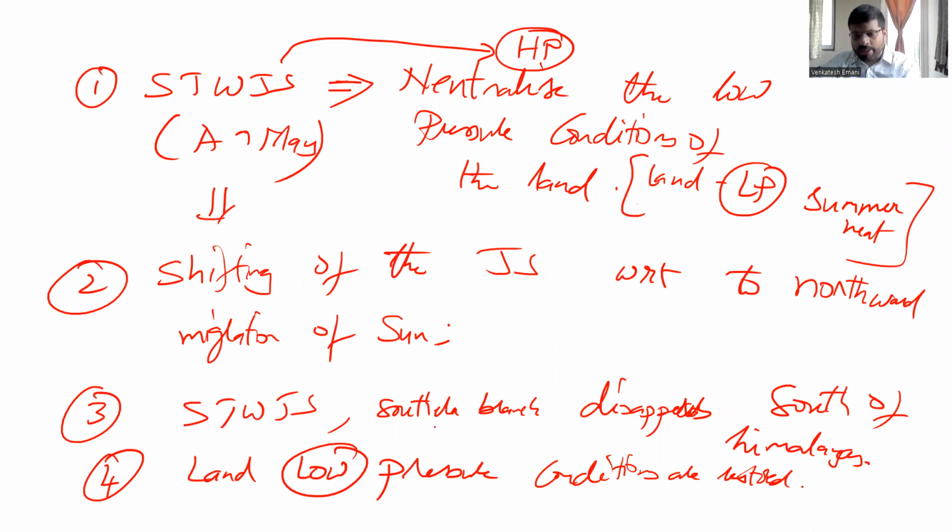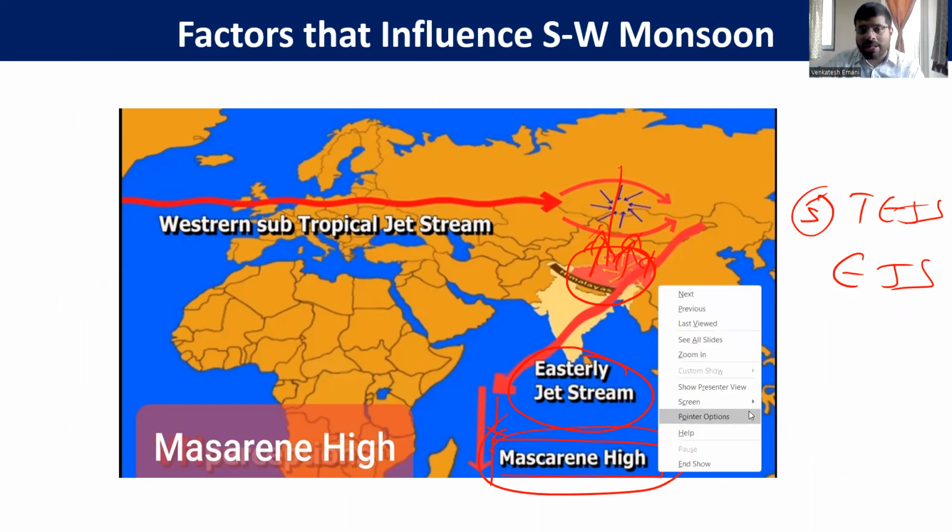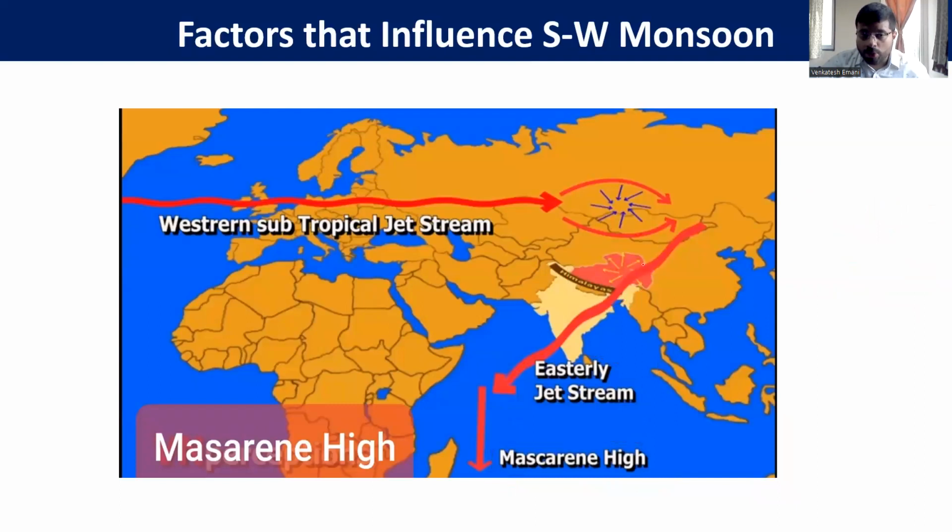The moment this is happening, the tropical easterly jet stream develops. The next point, the tropical easterly jet stream develops between the Tibet plateau and the ocean near the Mascarene Islands. The more the Tibet plateau gets heated up, the more the air rises, and the more the air moves in the upper atmosphere as part of the easterly jet stream, and this jet stream dumps into the ocean.